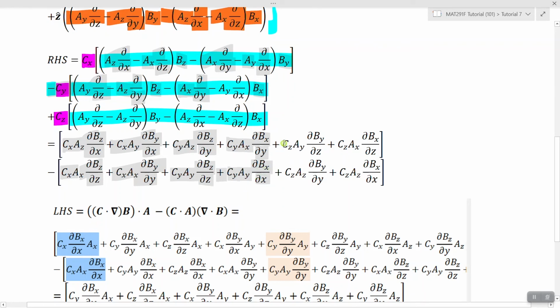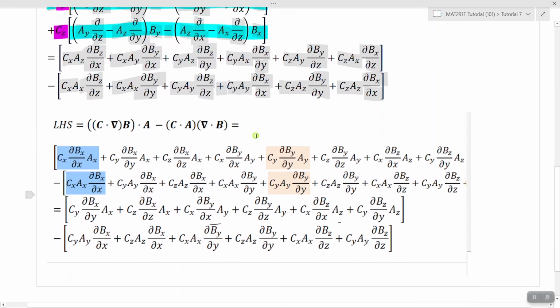And then same things with cz, so we get cz, ay, partial z, by, and minus cz, az, partial y, by, then minus az, cz, partial x, bx, and then minus minus gives us plus, so cz, ax, partial z, bx.